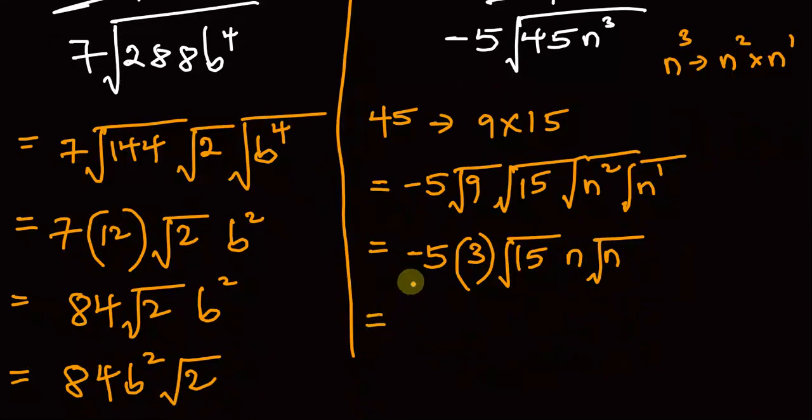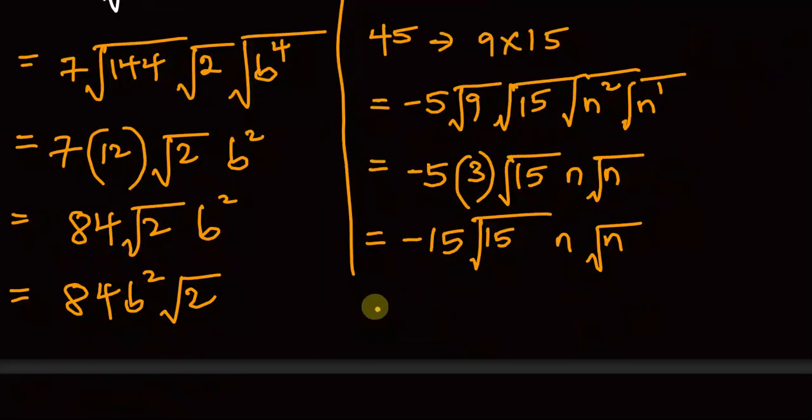Check. I'm going to multiply. Negative 5 times 3 is negative 15. Square root over 15, and then we will have n, square root over n remains. I'm going to rearrange these values. So it's going to be negative 15.